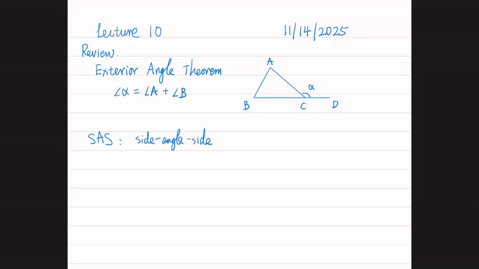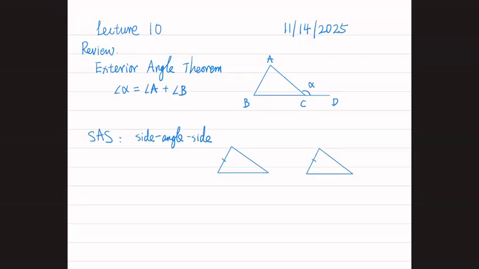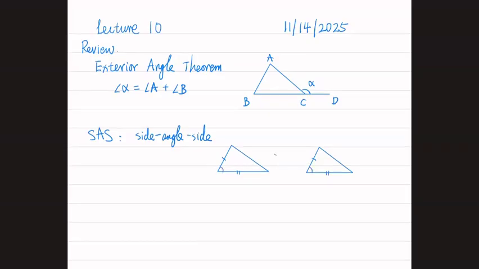So it means if you have a pair of triangles, if a pair of sides have the same length, another pair of sides have the same length, and the angle between them has the same measure, then they are congruent. It's very important to keep the order.